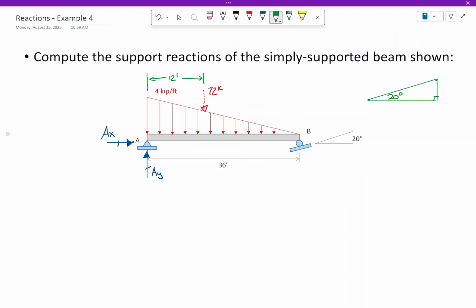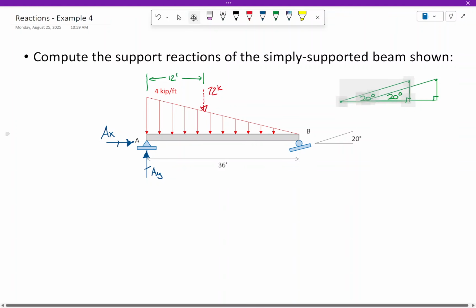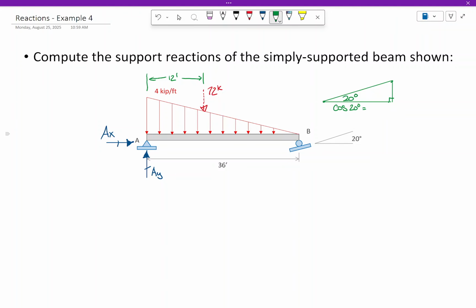Somebody tell me what is the cosine of 20 degrees and what is the sine of 20 degrees. We'll say to 3 decimal places. What is cosine of 20 degrees?